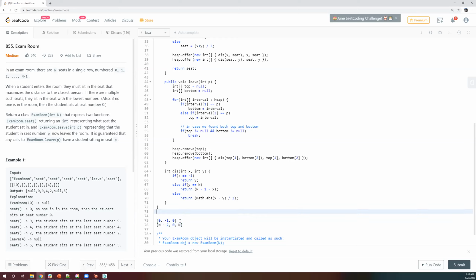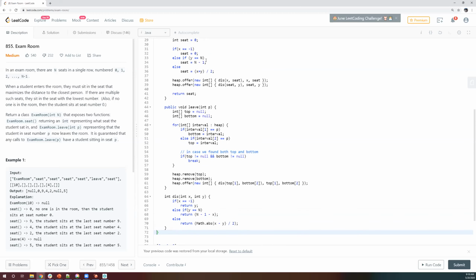Right. And where we'll check here, if y is equal to n, then we would be taking seat as n-1.